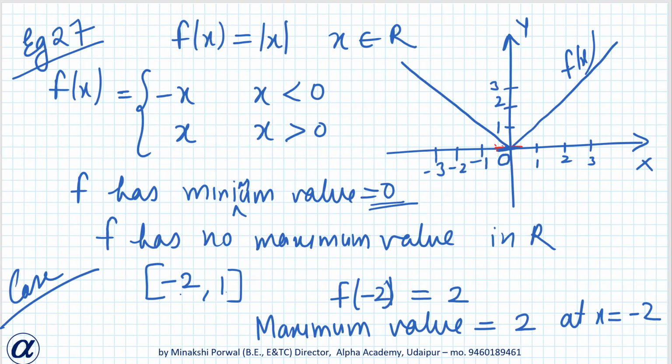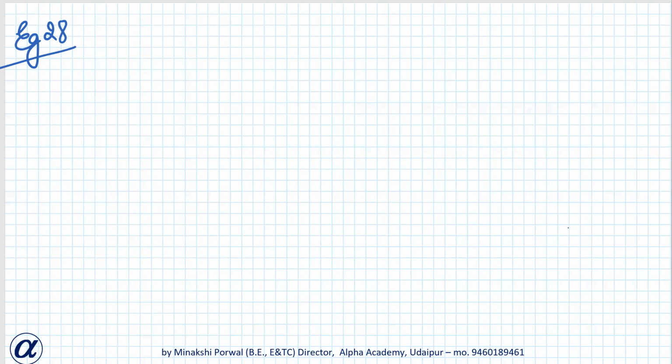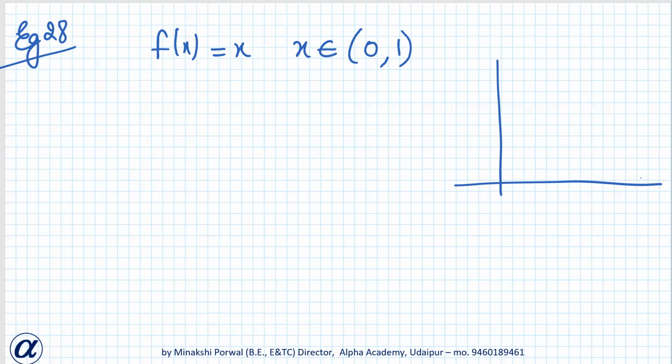Okay, now find the maximum and minimum values, if any, of the function given by f(x) equals x, where x belongs to the open interval 0 to 1. Okay, so we are given this function f(x) equals x from 0 to 1, but 0 and 1 are not included.